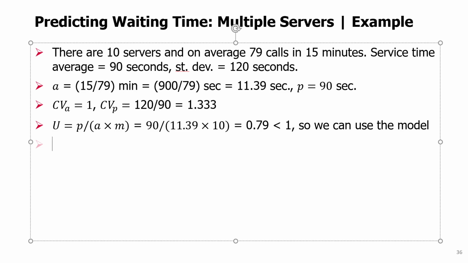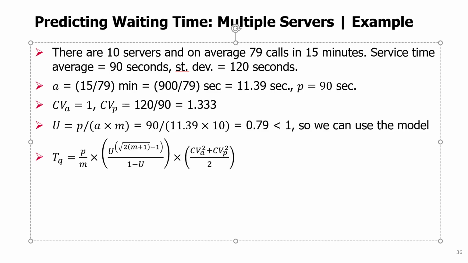So now we are ready to calculate the average waiting time with the TQ formula that we presented before. If we plug in the numbers, notice this will be 10 here, 10 plus 1, 11 times 2, 22. There will be a square root of 22. We need a calculator or Excel to be able to calculate this. Be careful, the -1 is after the square root, and don't forget to divide P by M this time.